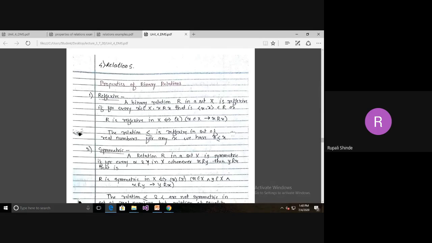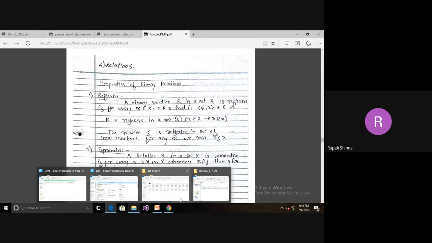What is the meaning of this small x? Small x means the element of this set X. So if every x belongs to X, X is in relation R with X. That is, if ordered pair x comma x belongs to R, then only this relation R will be called reflexive.